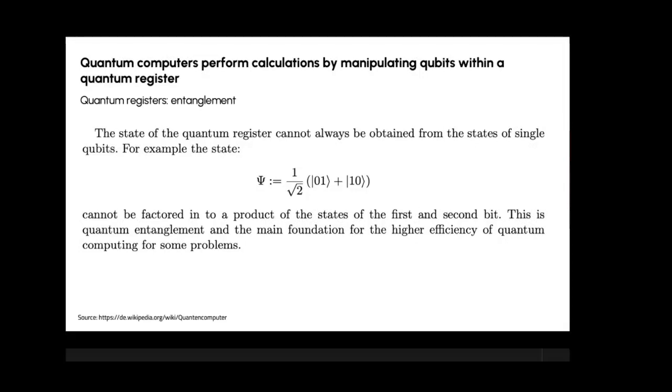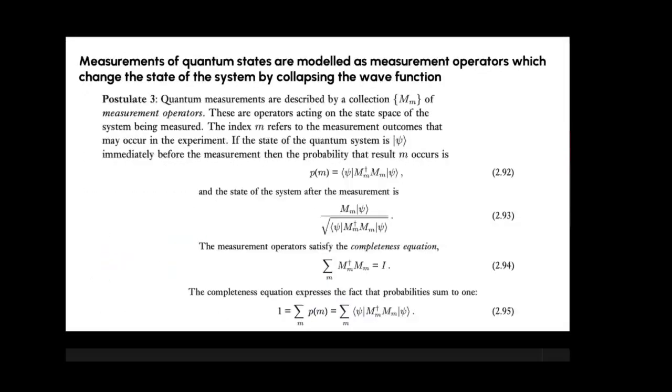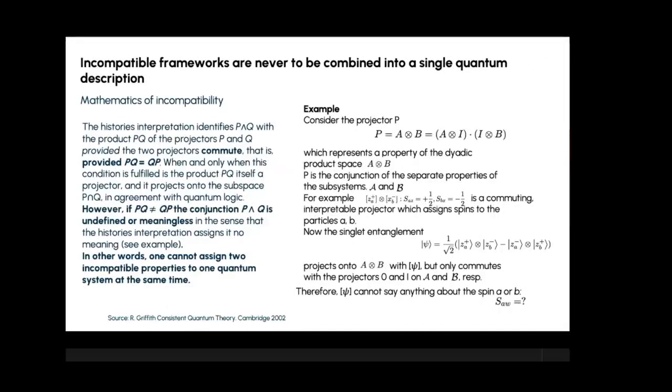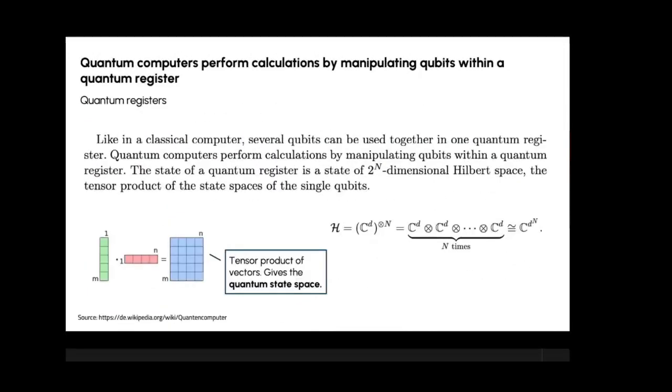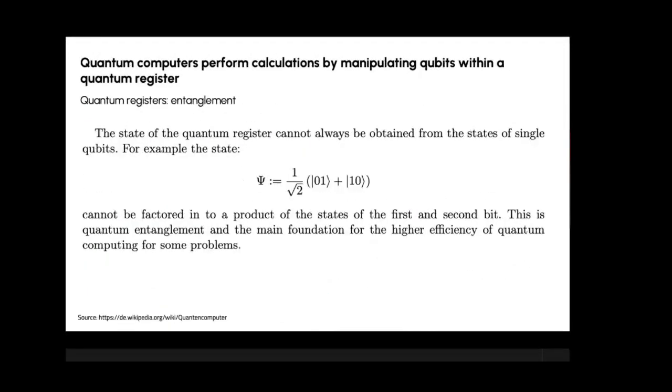So we cannot write them as a product. Therefore, this is not interpretable, as Griffiths would say. I explained this yesterday: the projector doesn't commute to achieve this entangled state, so it's a non-interpretable state.